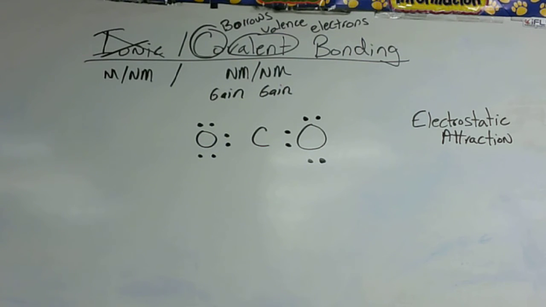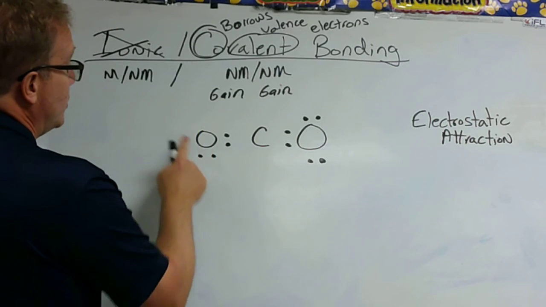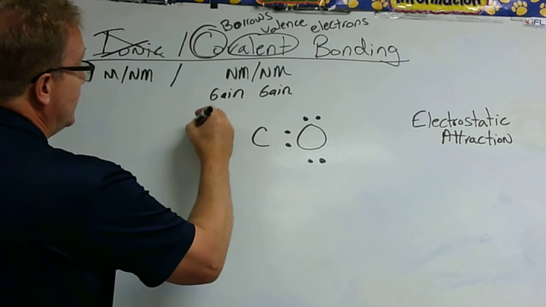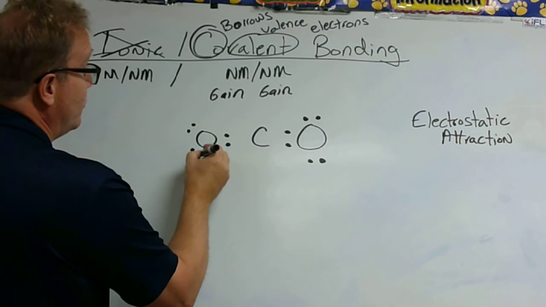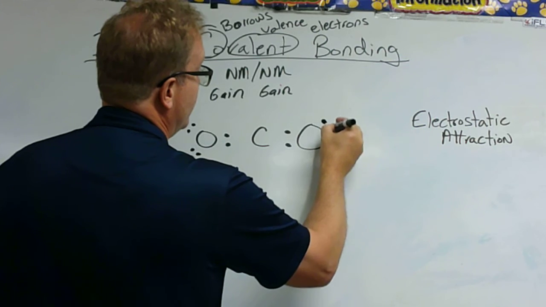You will have to position your electrons in order to show this type of balancing. Sometimes they like drawing electrons as far away from each other. Either way works, but you'll see it both ways.